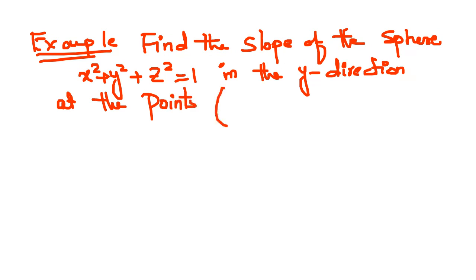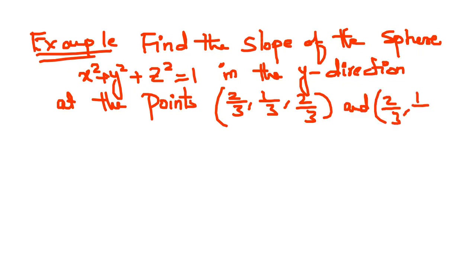You have to find the slope at one point, 2/3, 1/3, and 2/3, and another point is 2/3, 1/3, and minus 2/3.